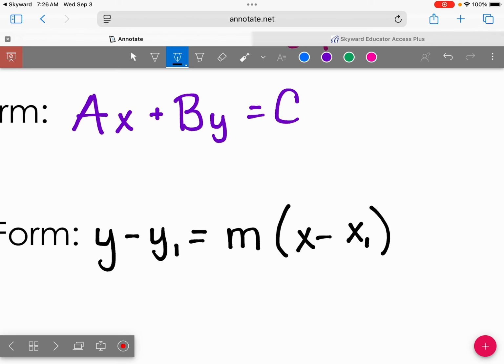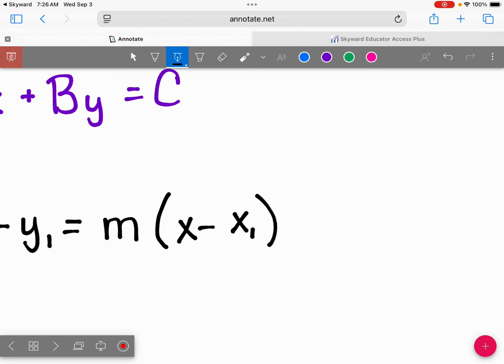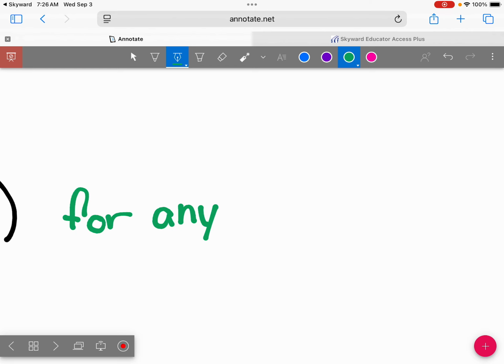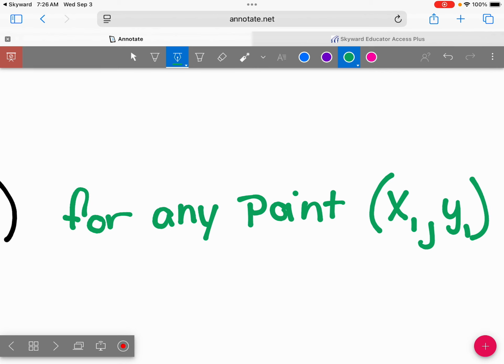So the x and y that do not have the little baby numbers are the normal x and y that we're used to seeing in the equation. They're the ones that stay there. The ones that have those little numbers are a specific point. So this is for any point on your line. Let me say it's x1, comma, y1.